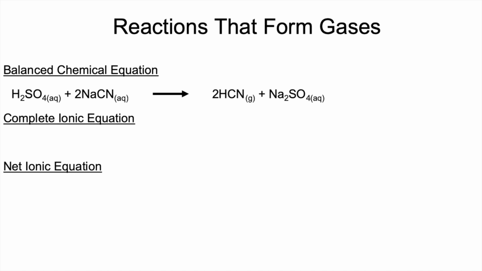The balanced chemical equation is sulfuric acid reacting with 2 formula units of aqueous sodium cyanide, and that produces 2 molecules of hydrogen cyanide gas and aqueous sodium sulfate. So I'd like you to take a moment and pause the video and try writing the complete ionic equation and net ionic equation for this reaction.